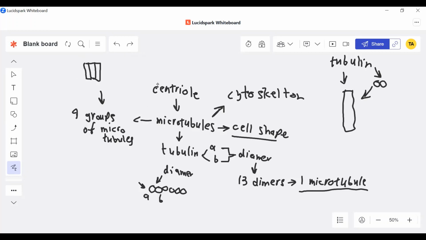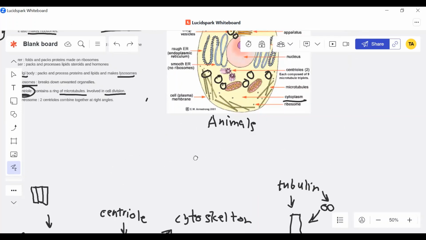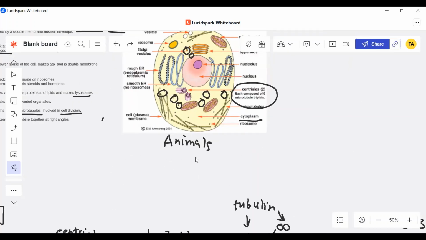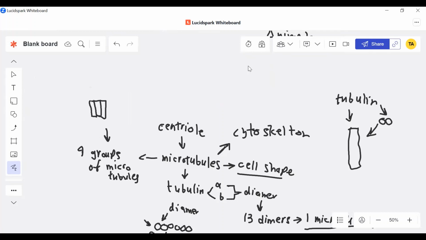Similarly, 9 such groups come together and make one centriole. This is also written right here: centriole, each composed of 9 microtubule triplets. So one group is called a triplet, and 9 of these triplets come together to make centrioles.